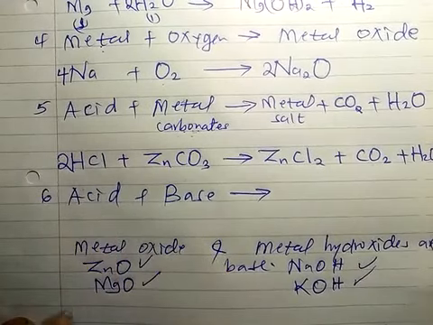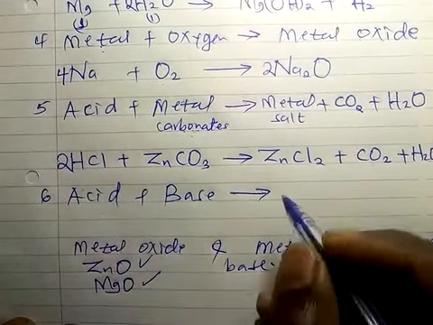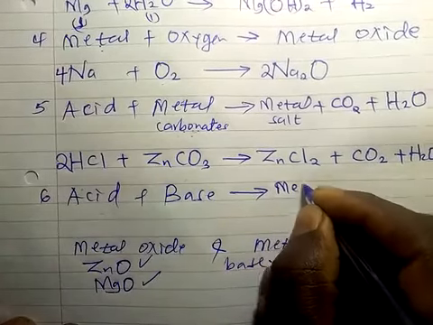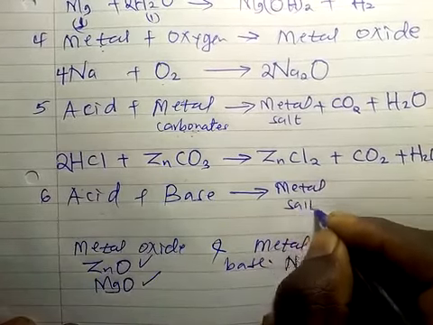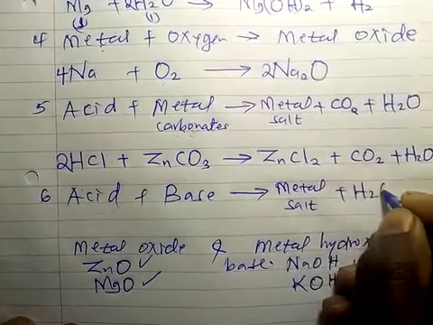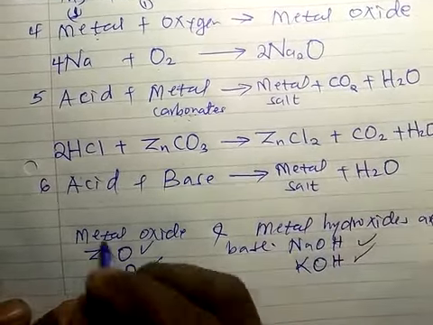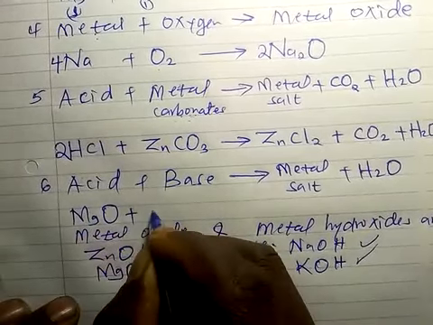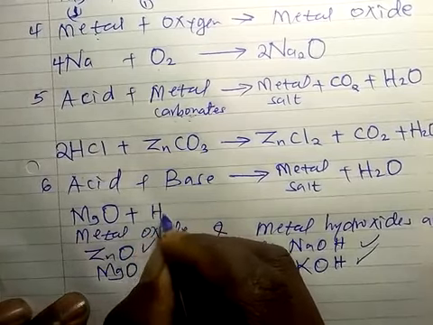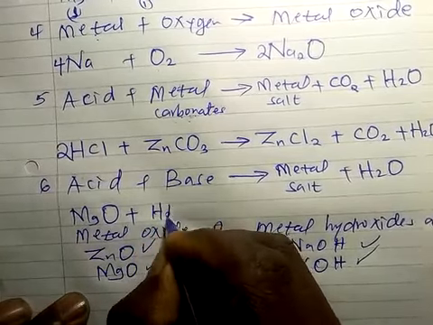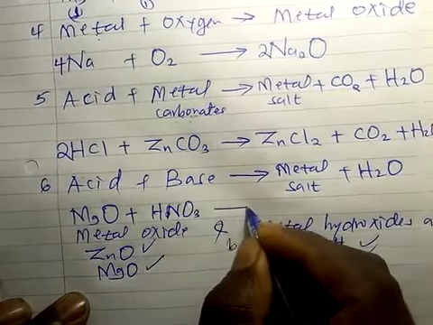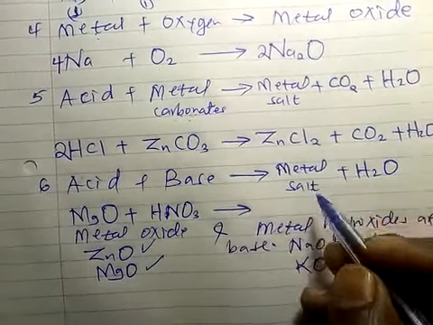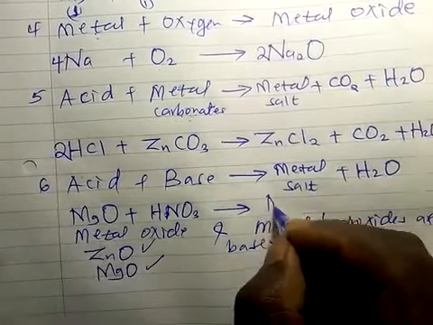So an acid plus a base will give you the metal salt plus simply water. For example, magnesium oxide plus nitric acid, nitric acid is HNO3. It forms the metal salt. The metal is magnesium, you write magnesium.